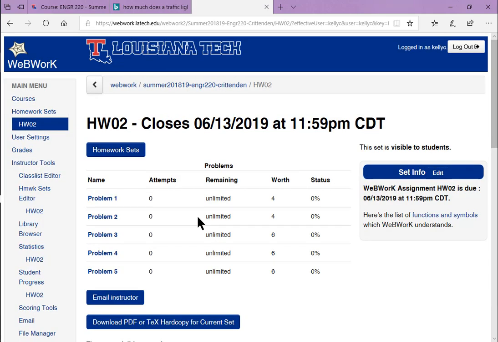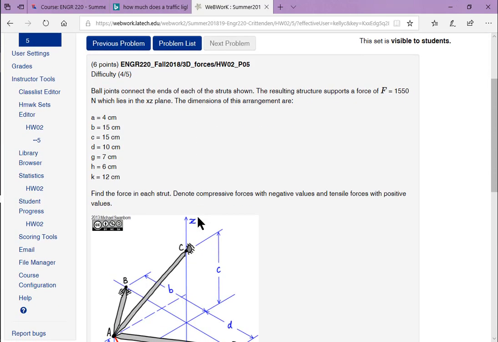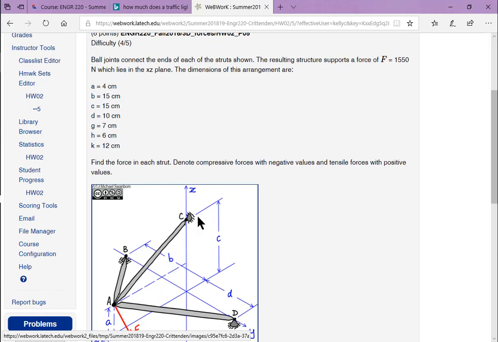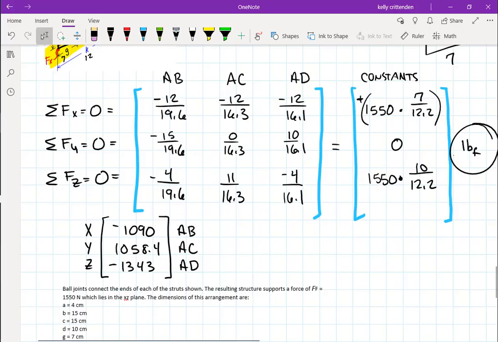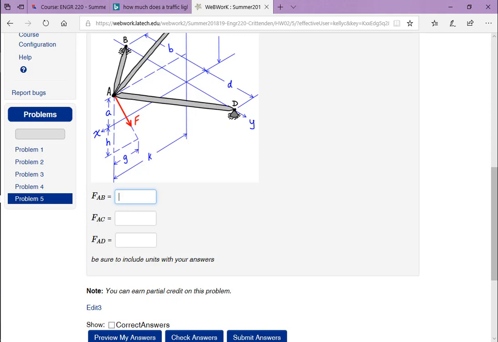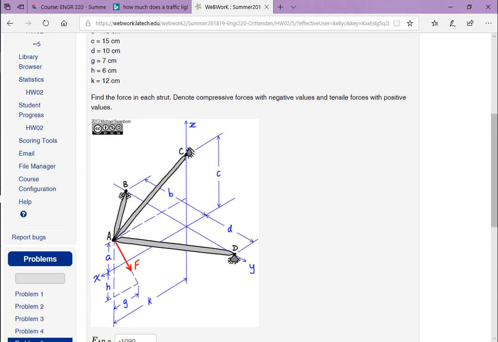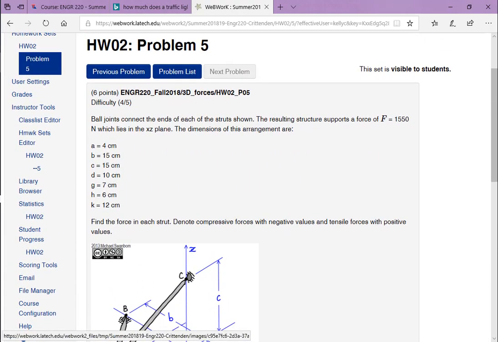So it's homework 2, number 5. The question: find the force in each strut. So find those values. So we came up with, it's in my calculator. All right, so negative 1090. Actually, these aren't pound force, this is all newtons.